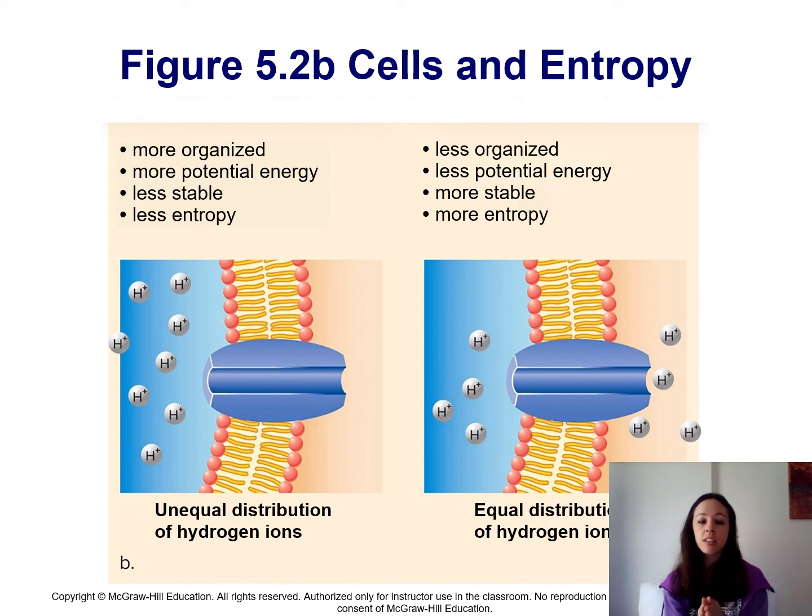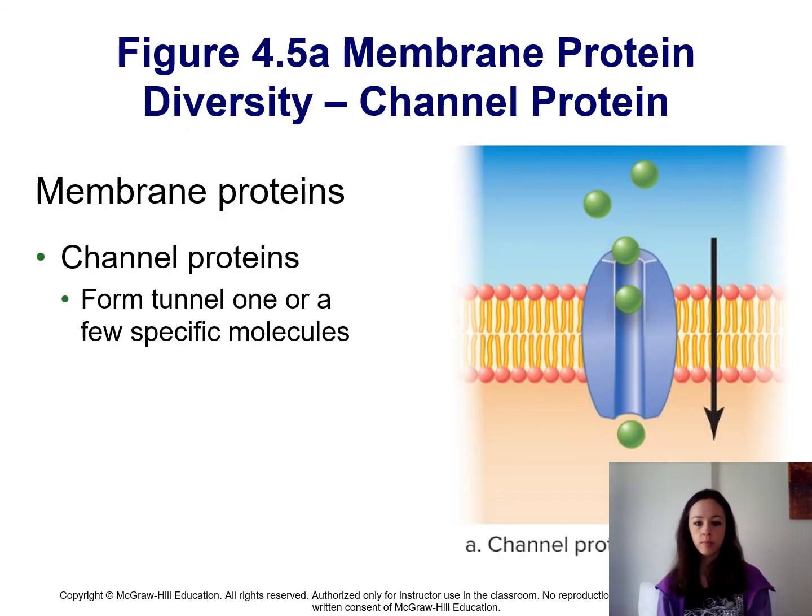When all of the ions are on the inside of the cell or on the outside of the cell, this decreases the entropy of the cellular organism. So, therefore, it will take energy in order to move all of the ions to the inside of the cell or the outside of the cell. Another way of saying this is that it takes energy for ions to go against their concentration gradient, against the flow of the ions to the inside of the cell or the outside.